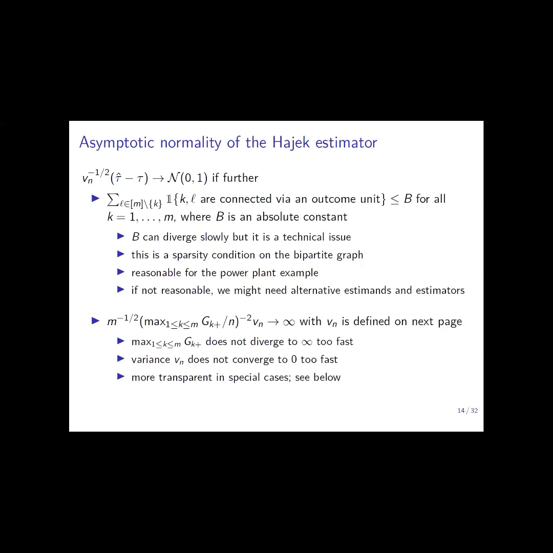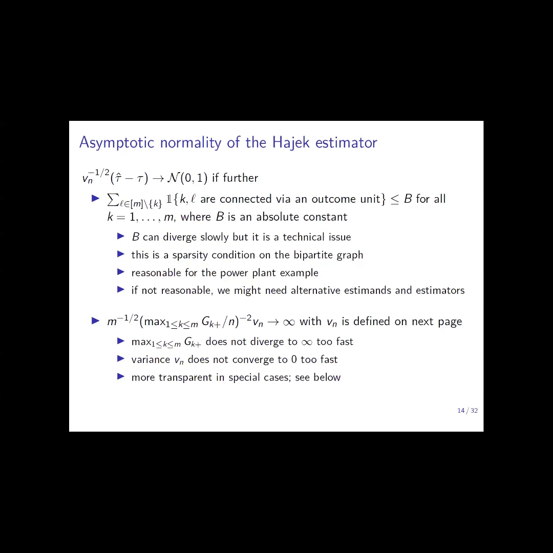Two intervention units are connected if they have a common outcome unit. We count the maximum number of connected intervention units for each intervention unit, and we assume this number is bounded. It's stronger than the sparsity we imposed before, but you can actually allow B to diverge, but slowly. We don't worry too much, just assume it's a bounded absolute constant; it can diverge, but that's just technical.